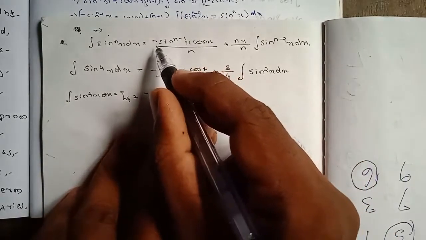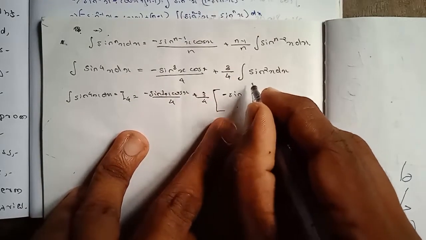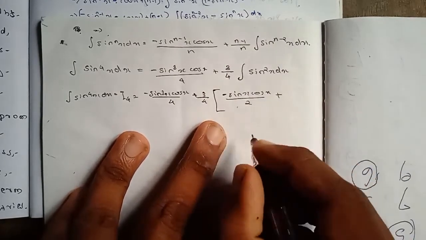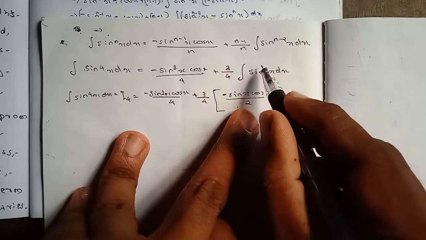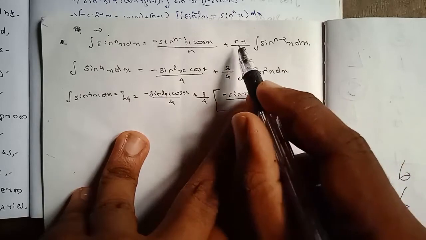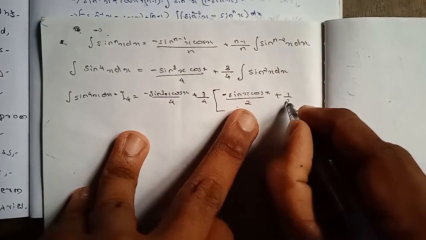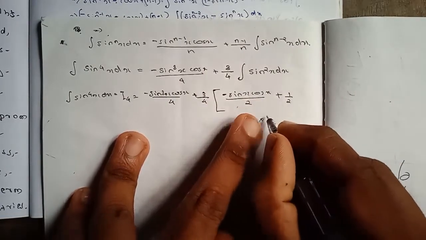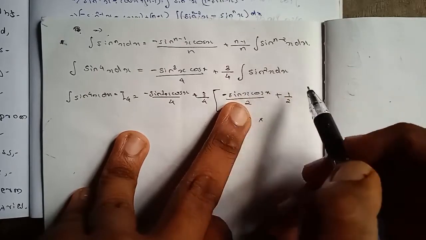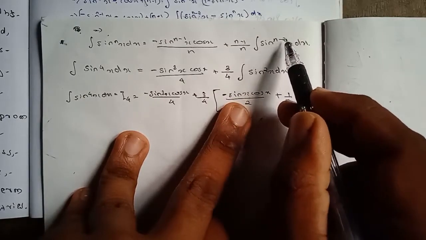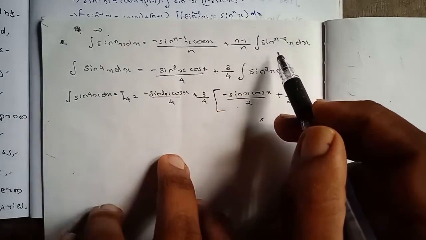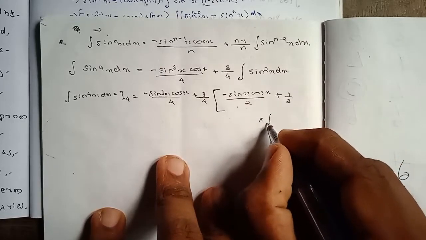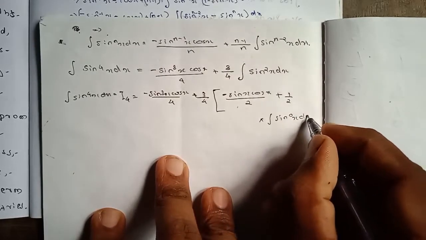Put a bracket, then we can write it as minus sin^(n-1) x, that is sin x, times cos x, all divided by 2, plus (n-1)/n, which means (2-1)/2, which is 1 by 2, times the integral of sin^(n-2) x dx. Here 2 is the n value, then 2 minus 2 is equal to 0, that is the integral of sin^0 x dx, which is equal to 1. So the integral of sin^0 x dx.